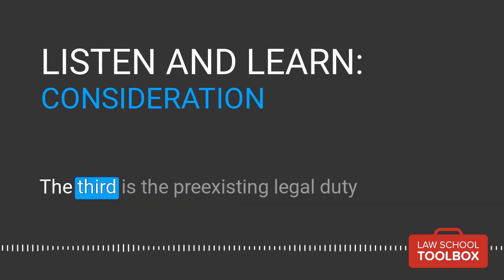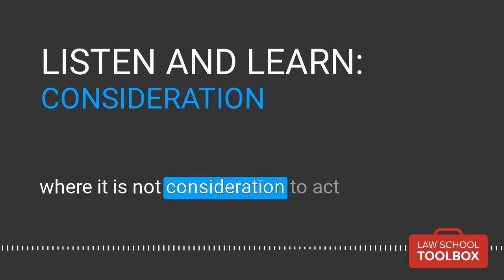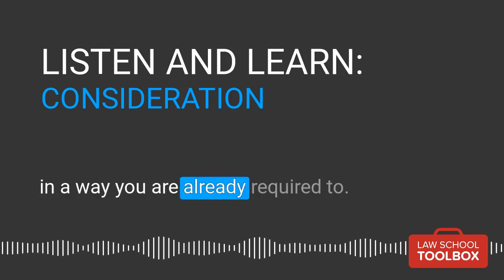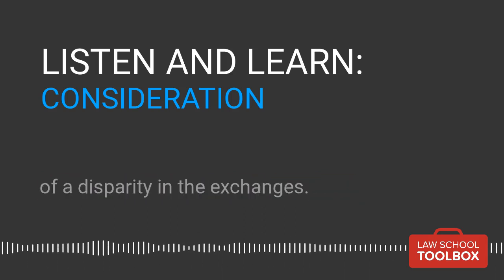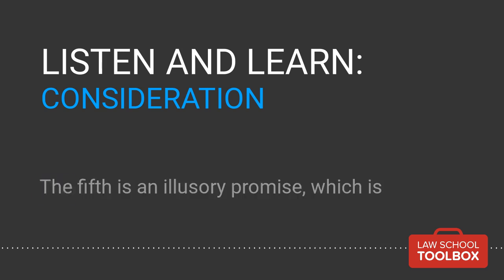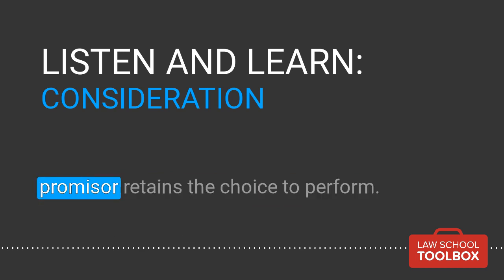The third is the preexisting legal duty, where it is not consideration to act in a way you are already required to. The fourth is when there is too large of a disparity in the exchanges. The fifth is an illusory promise, which is where the terms are so indefinite that the promisor retains the choice to perform.